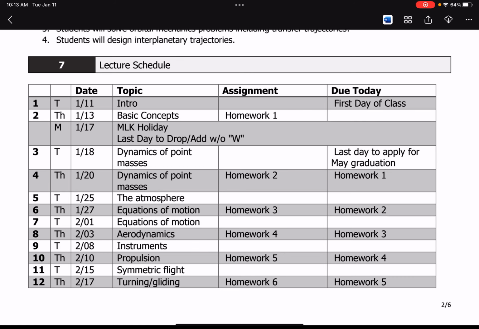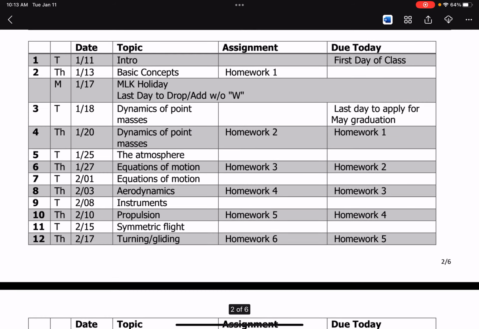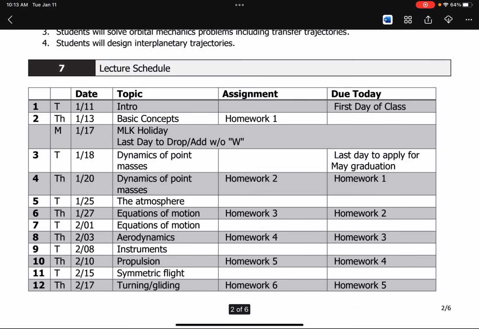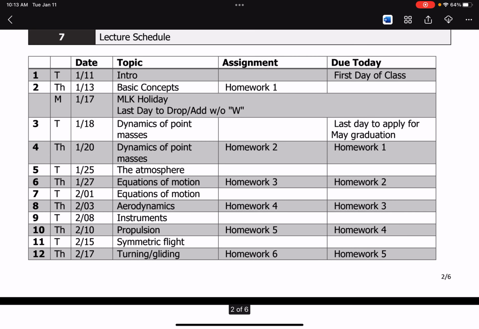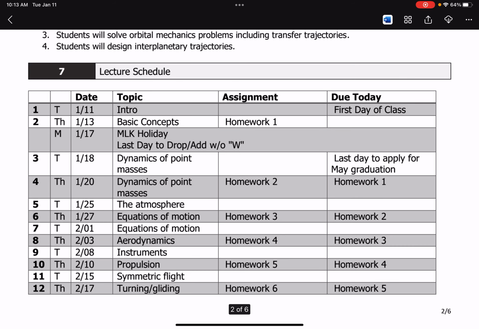I don't think we can finish all of these topics in this semester. I wish we could, but things come up, problems arise, so I don't think we can really finish all of the topics in the topic section. But the assignment sections, we will get to all of them.